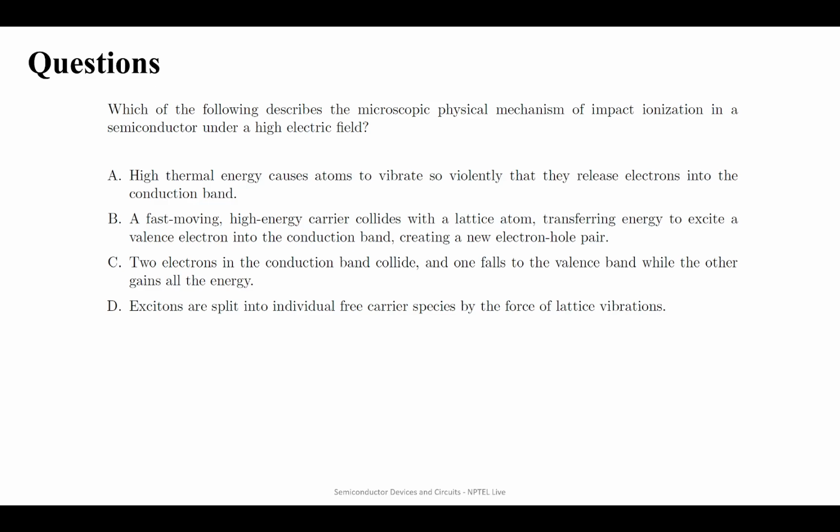A fast moving high energy carrier collides with a lattice atom, transferring energy to excite a valence electron into the conduction band, creating a new electron-hole pair. Two electrons in the conduction band collide and one falls to the valence band while the other gains all the energy. Excitons are split into individual free carriers by the formation of lattice vibrations.